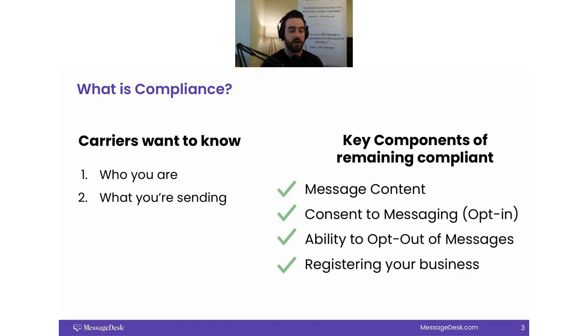And then the ability to opt out of messages is another important key component. If your contacts give you consent to message them, it's just as important to give them the opportunity to opt out of receiving your messages. And then registering your business is another key component here, and often the part that causes the most confusion. So we're going to run through that today, and hopefully after this, it'll be well understood.